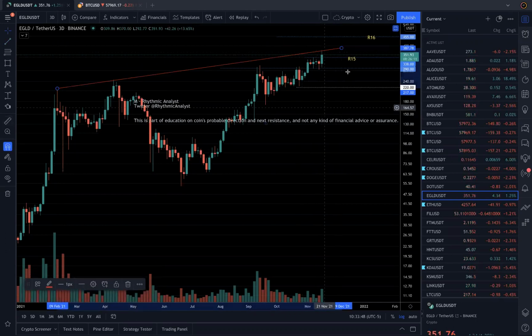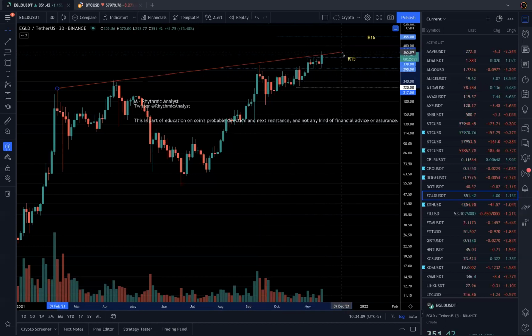This is kind of an inverted head and shoulders. If you notice, this is an inverted head and shoulders, not a very regular one, a very deformed one. This is the left shoulder, this is the head, and this is the right shoulder. This is the neckline, so to speak. You can draw it like this as well.